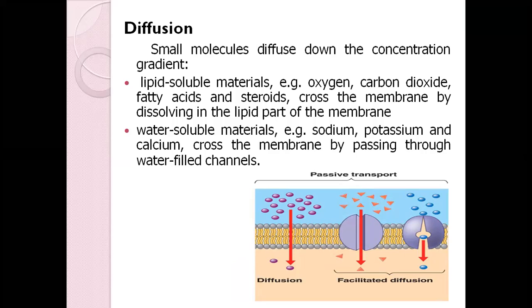That means they dissolve into the phospholipids. Then the water-soluble materials like sodium, potassium, calcium cross the membrane by passing through the water-filled channel, or they can just go in between the channels. So in simple words, diffusion means the passage of substances across the semi-permeable membranes from the higher to the lower concentration.